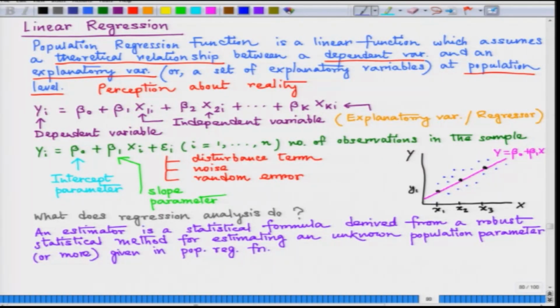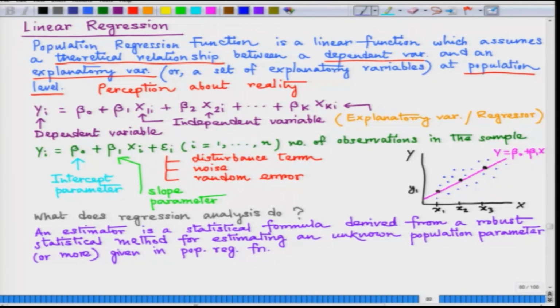If an econometrician collects some data from reality, then this diagram is called a scatter diagram, and now the task at hand is to find out why there is a deviation from this pink line, or the population regression line.